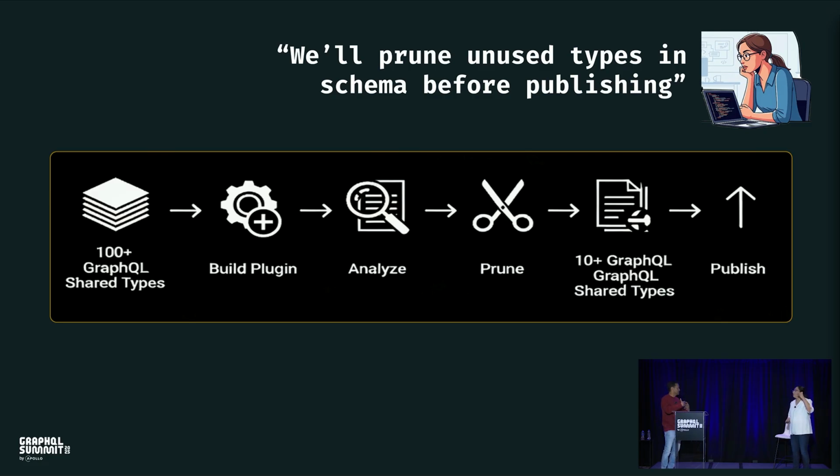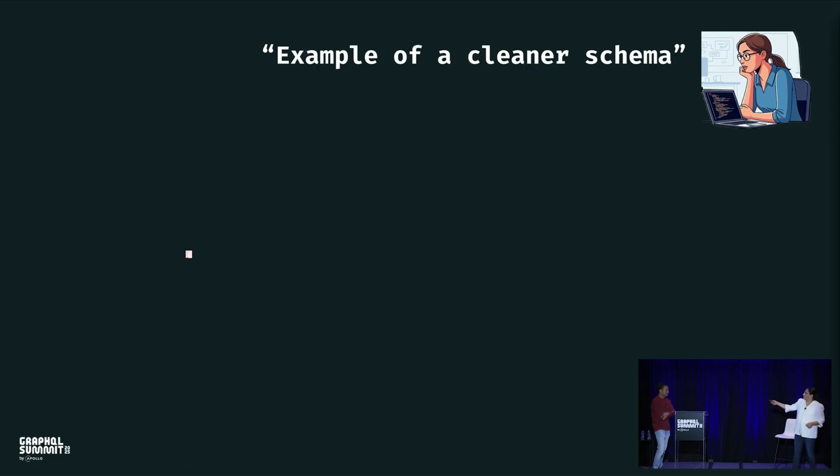So we start with the root type and dig in deep and then see which types are being referenced and which are not, analyze them, prune those unused types, and then voila, you get the ones which are actually referenced, to merge with your subgraph schema and publish it.